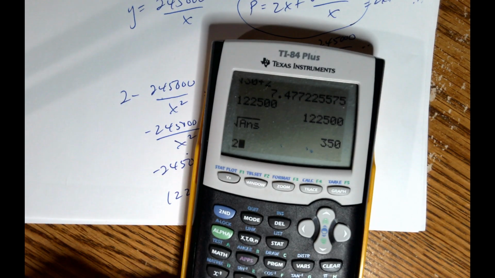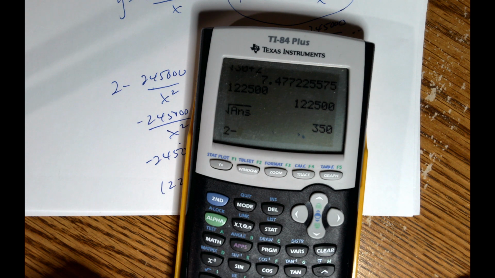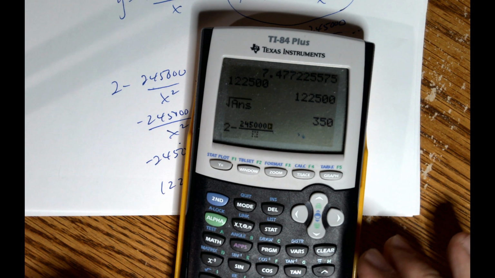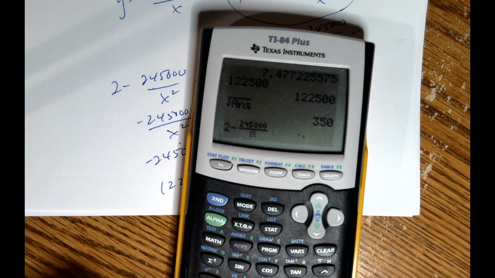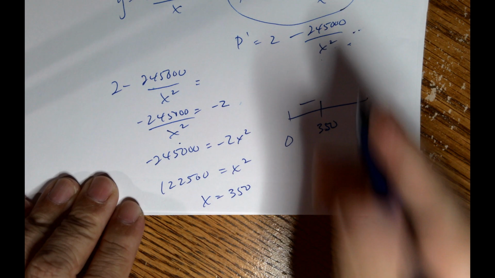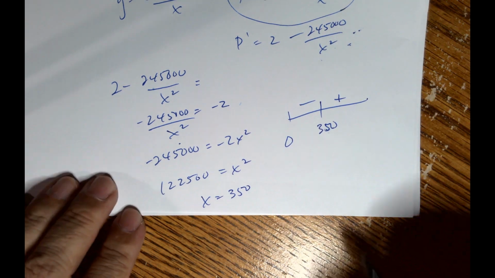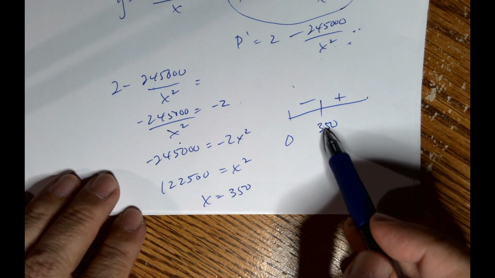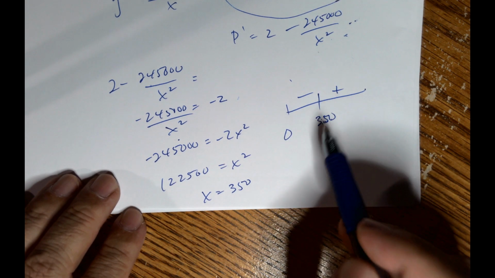So 2 minus 245,000 over 700 squared. Enter. Gives me positive, 3 halves, so it's positive. So that's it. So it's a minimum. So I've shown that x equals 350 is a minimum by the first derivative test.